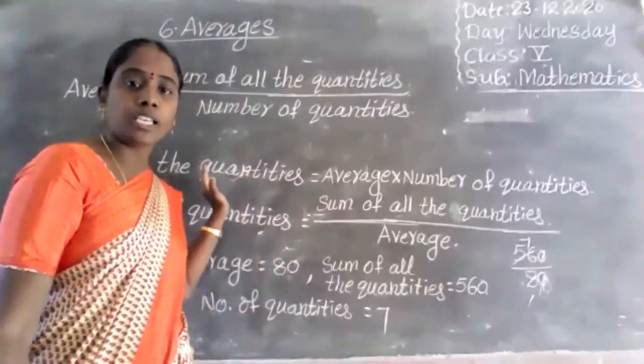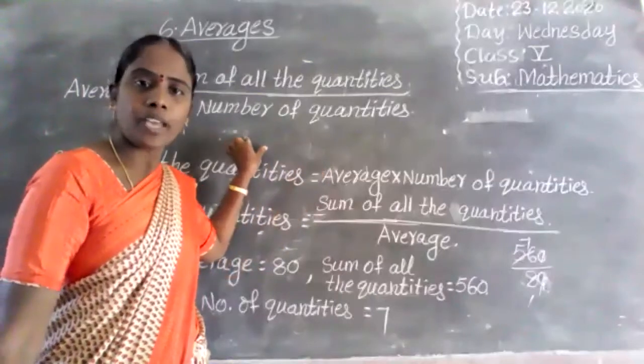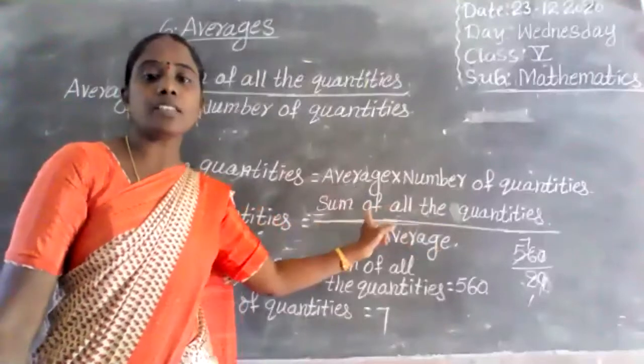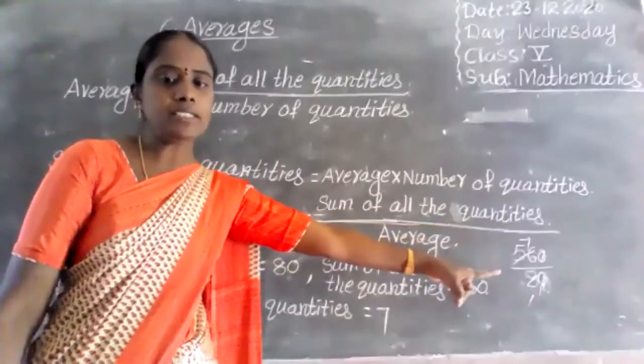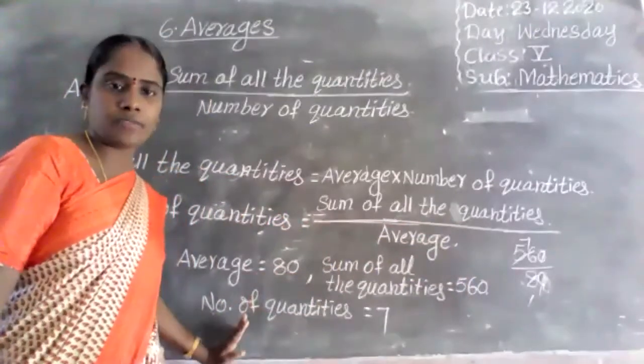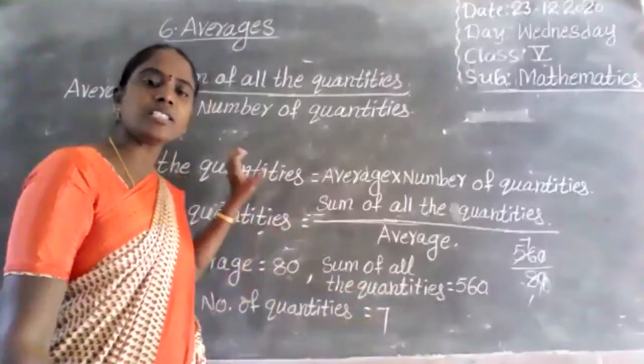Hanif scored marks in 7 subjects. 80 is the average. Next, sum of all the marks equals 560. Next, number of quantities means number of boys or number of subjects. We get the answer 7. Did you understand, children?